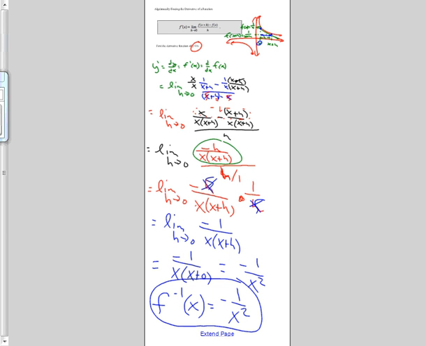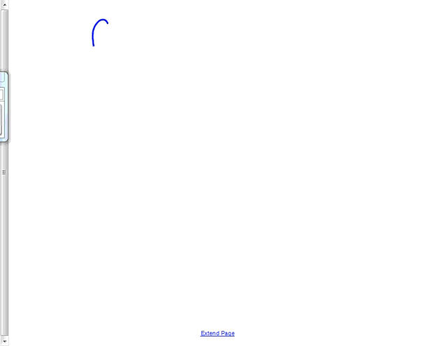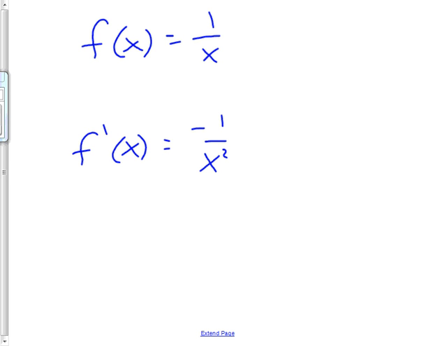And to keep consistency between this rule that I'm trying to have you develop and trying to have you see, let's look at another page. What we just did is we took the function 1 over x, and we found out that the derivative function is negative 1 over x squared. And what I've been having you look at is how the powers of the function and its derivative are related.